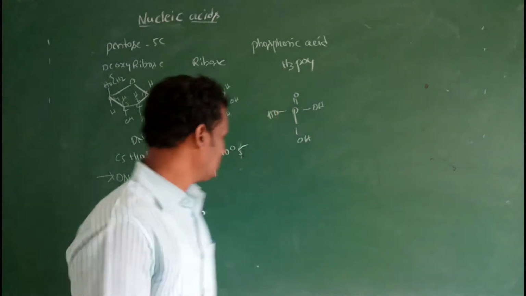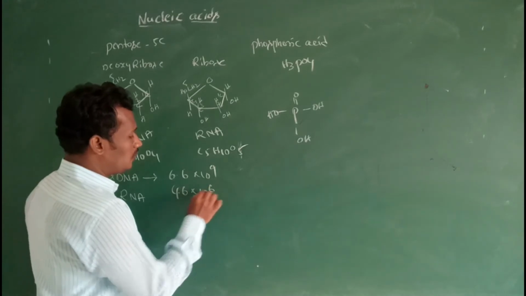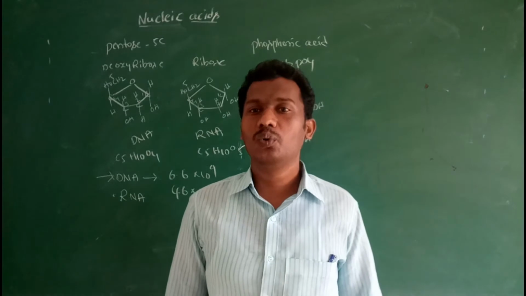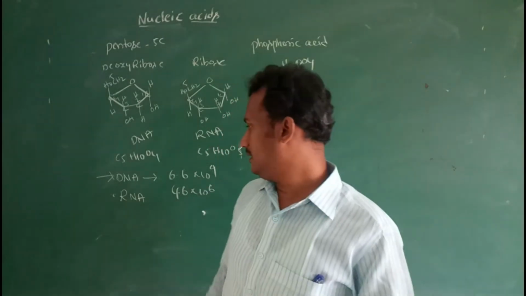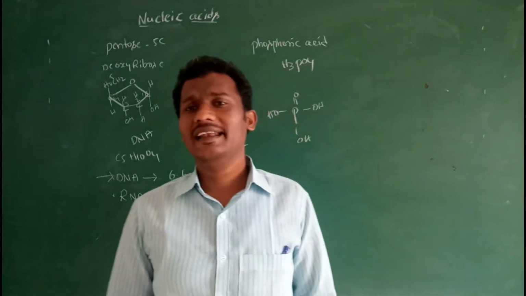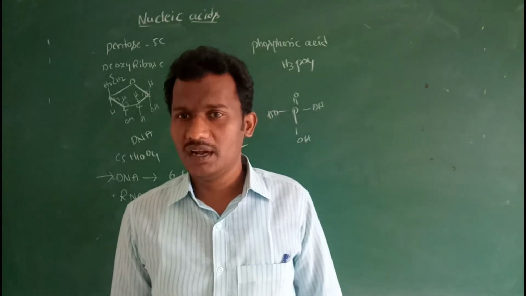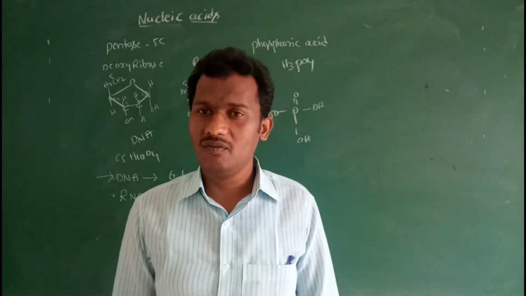In prokaryotes, Escherichia coli has 4.6 × 10^6 base pairs. One base pair is nothing but two nucleotides with complementary nitrogen bases. DNA acts as the genetic material in the majority of organisms, except some plant and animal viruses.